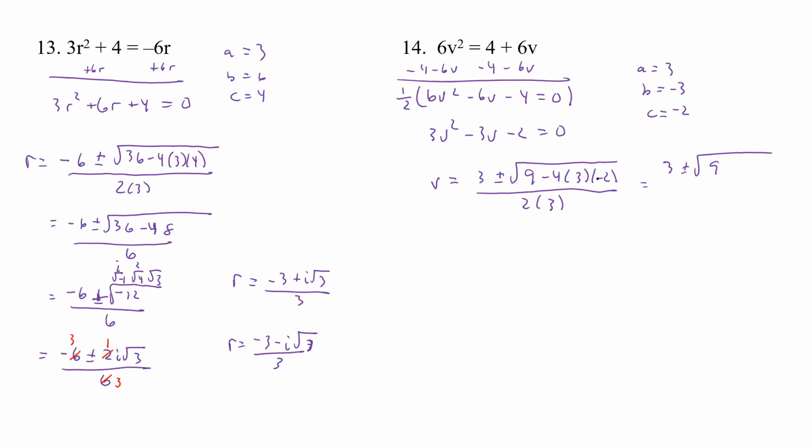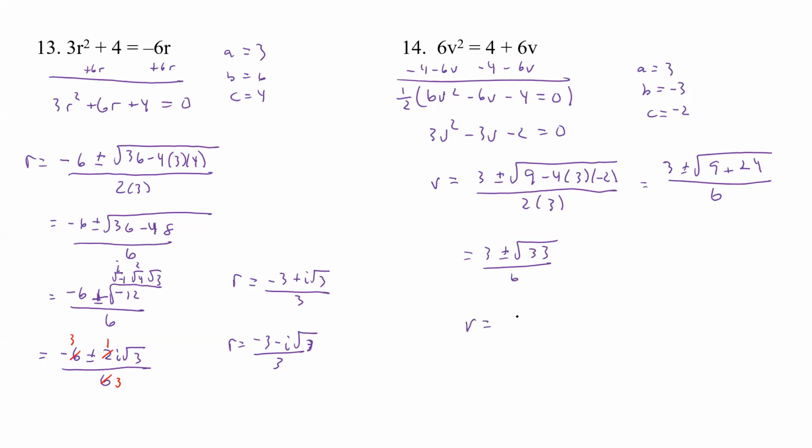Now we have a negative times a negative, so that's going to be plus. 4 times 3 is 12, times 2 is 24, all over 6. Okay. Now, all we have is simplifying that. 3 plus or minus the square root of, that's going to be 33, all over 6. Now that's just 3 times 11, so there's no perfect squares in there we can pull out.